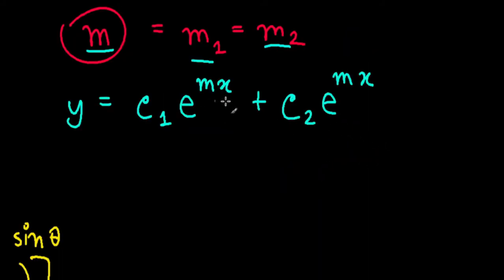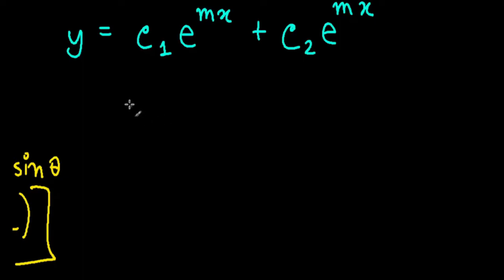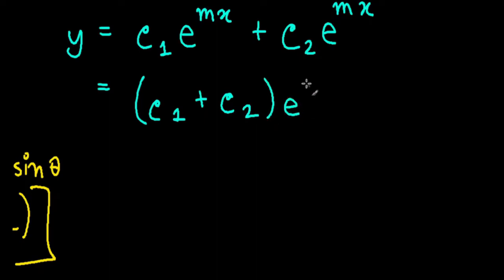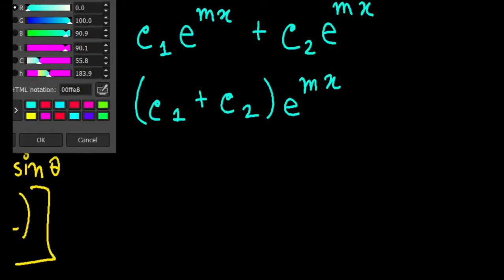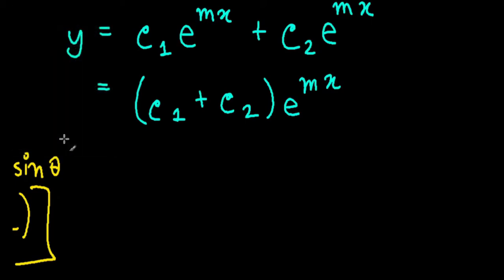All right. So we see that we have a factor of e to the power mx in common. Just to simplify that, we'll write c1 plus c2 times e to the power mx. And c1 and c2 are just some arbitrary constants, so obviously their sum is also just some arbitrary constant.